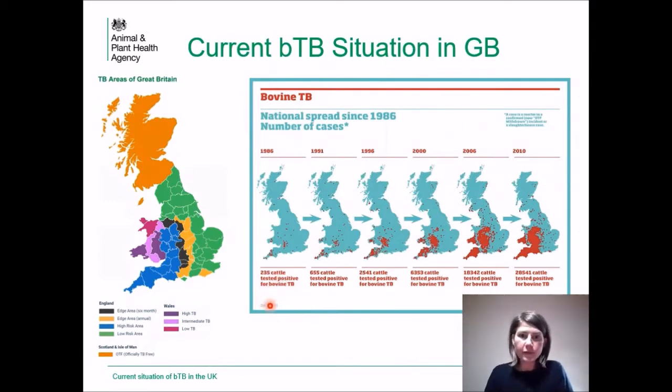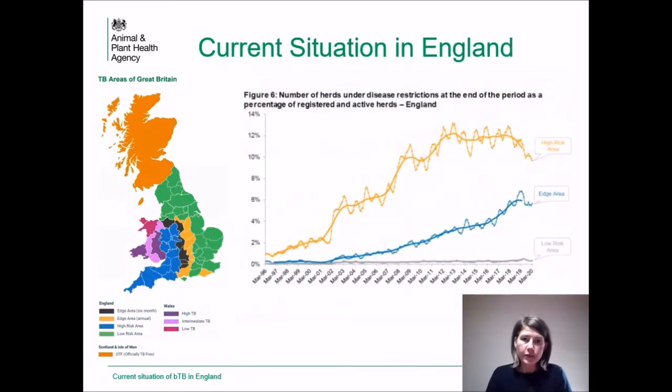So you can see that from 1986 to 2010, there was an increase from 235 cattle testing positive for bovine TB to more than 28,000 in 2010. Unfortunately, that figure ends here, but I found another one which doesn't show the amount of cattle testing positive for bovine TB, but rather shows the increase in the number of herds under disease restriction. And it shows a similar picture.